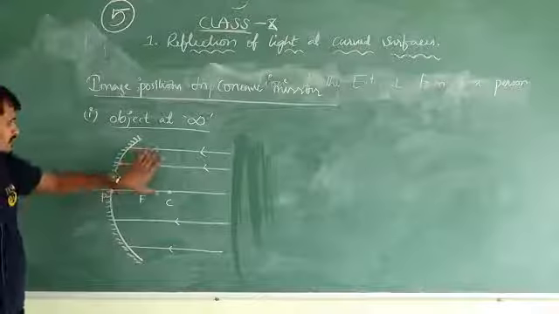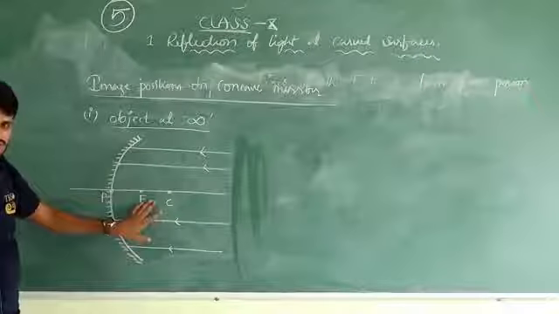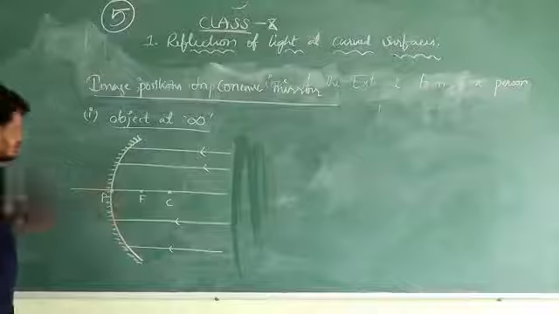If the incident ray is parallel to the principal axis, the reflected ray goes through the focus. We know that very well.